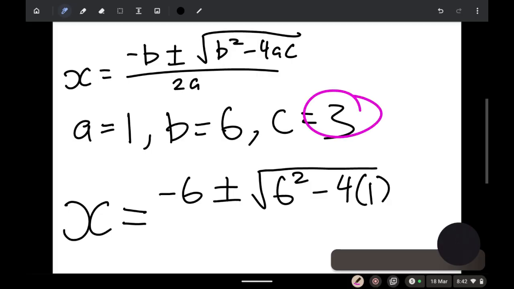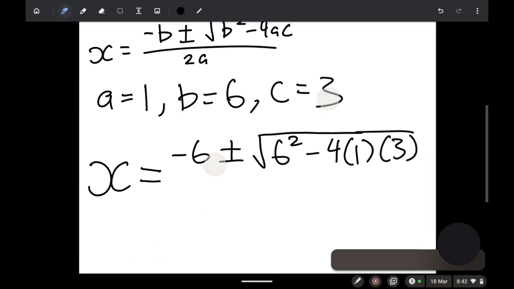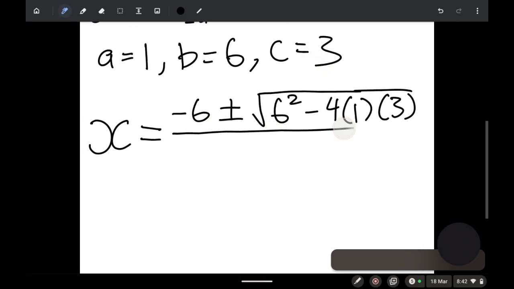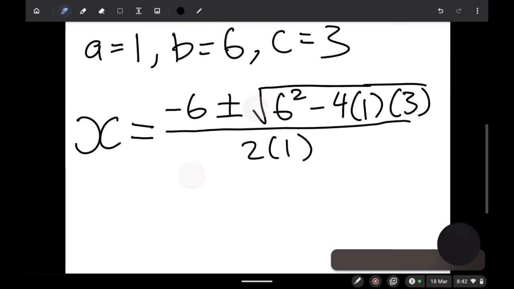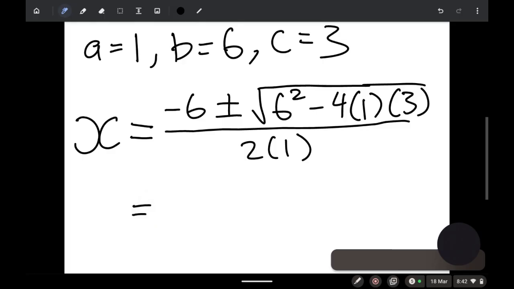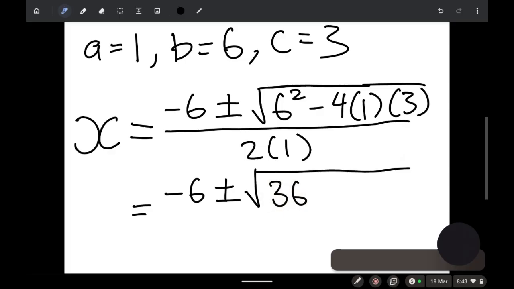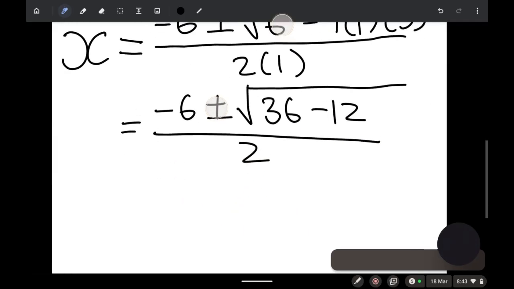So we will also sub in 3. Okay, then we divide it all by 2a. So 2 times a, which is 1. Then we'll work our way. So negative 6 plus minus, 6 squared is 36. And then negative 4 times 3 is negative 12. Okay. Then it's over 2.